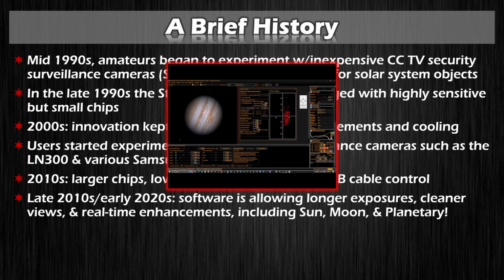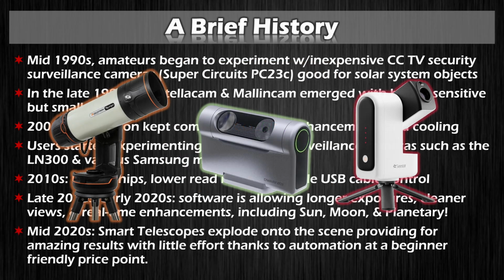In the late 2010s and the early 2020s, the software really came into its own, allowing for longer exposures, the ability to do all sorts of real-time enhancements, the ability to improve the tracking, and also making sure that you've got alignment of frames, and the sensitivity and intelligence to be able to now align and live stack the sun, the moon, and the planets.